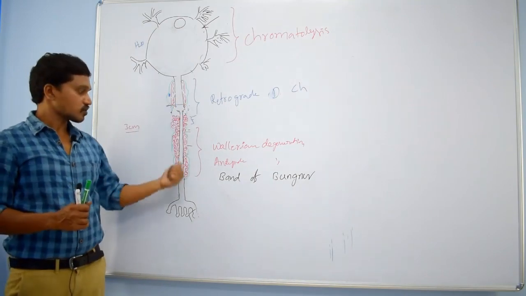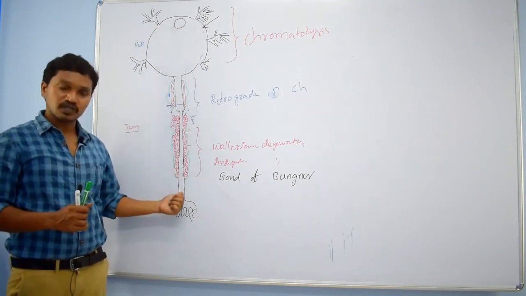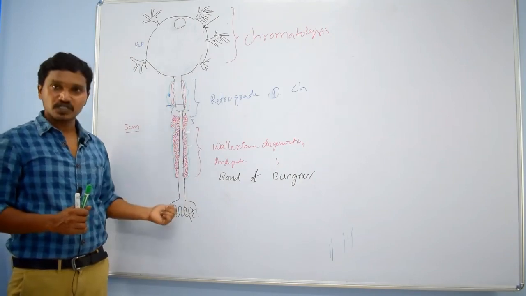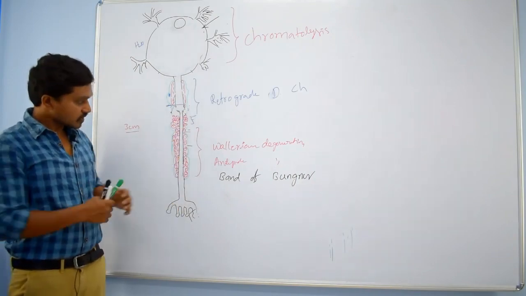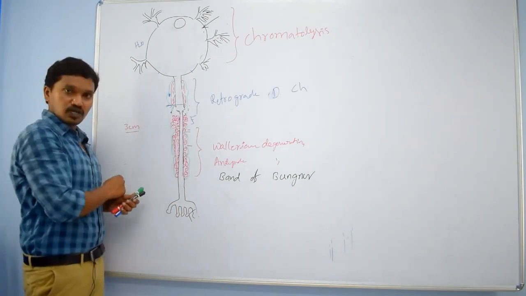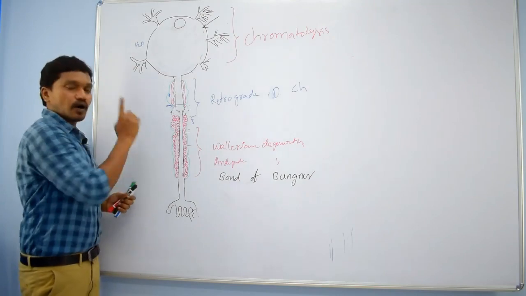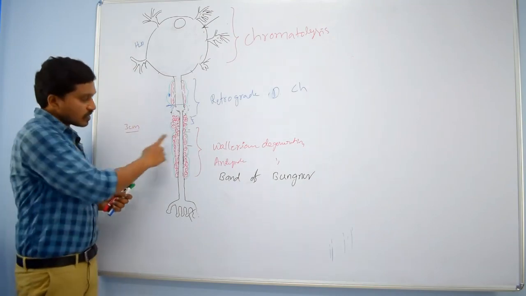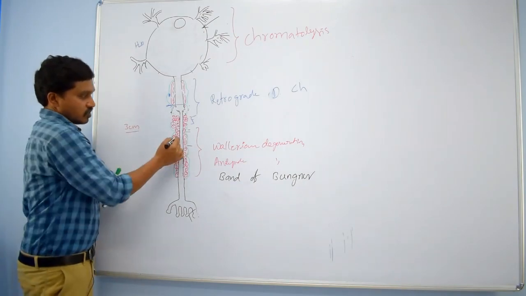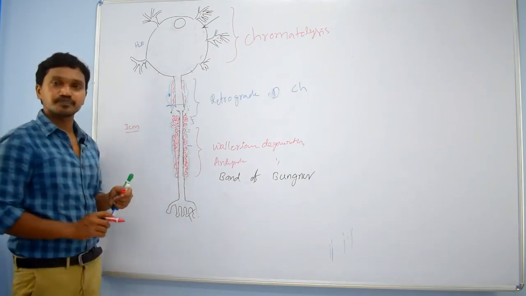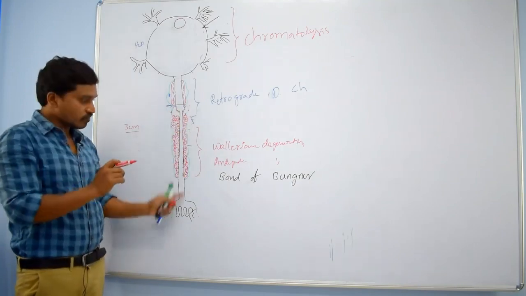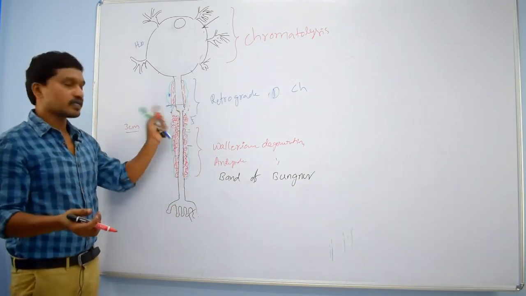One of the axonal sprouts unites with the distal stump, right? So communication is established, and the Schwann cell forms the myelin sheath. Only one will come and unite, the remaining will degenerate.